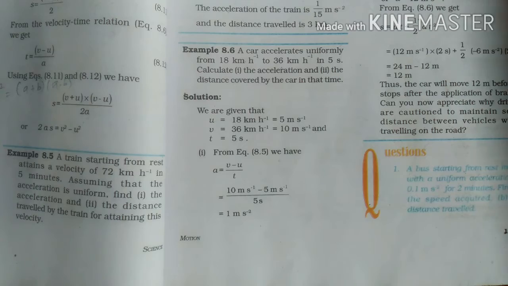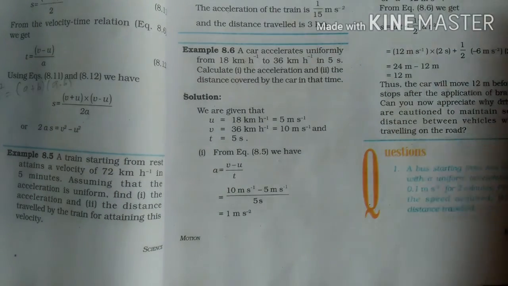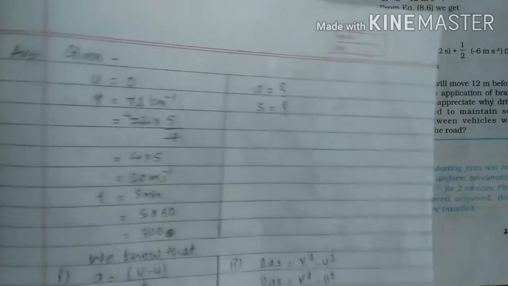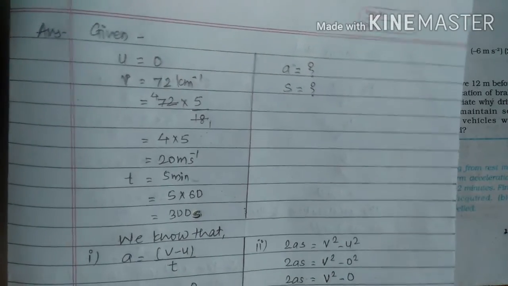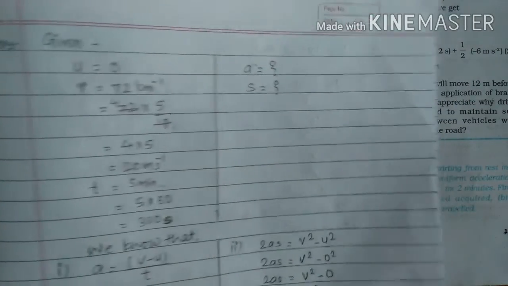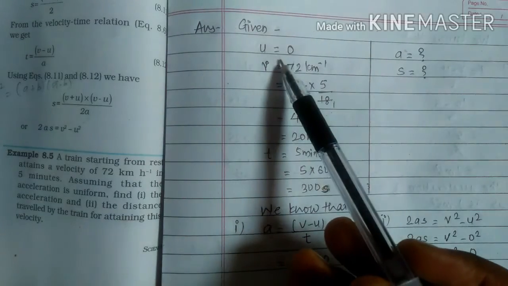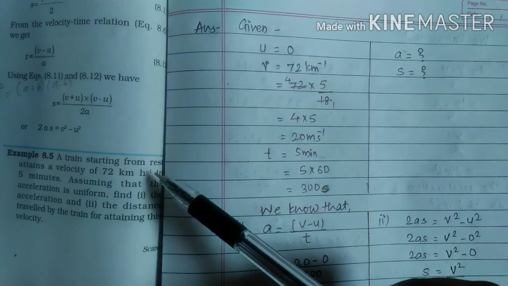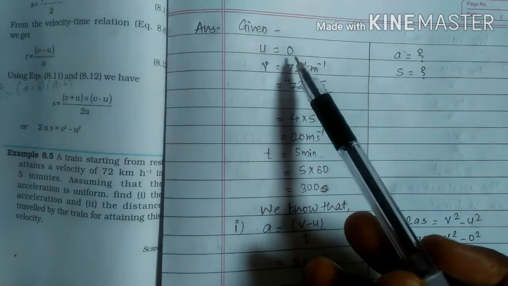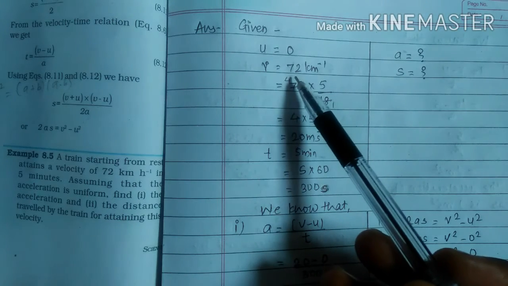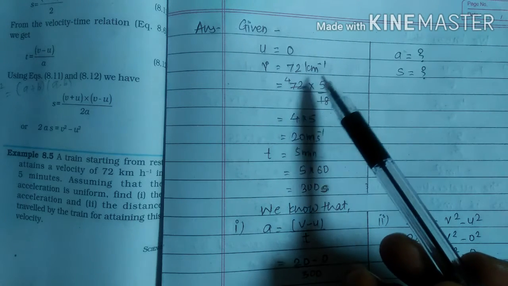Now we will see the answer of this question. Here in the given, they have mentioned first the initial velocity. Already I have told, from rest means initial velocity 0, final velocity 72 km per hour.